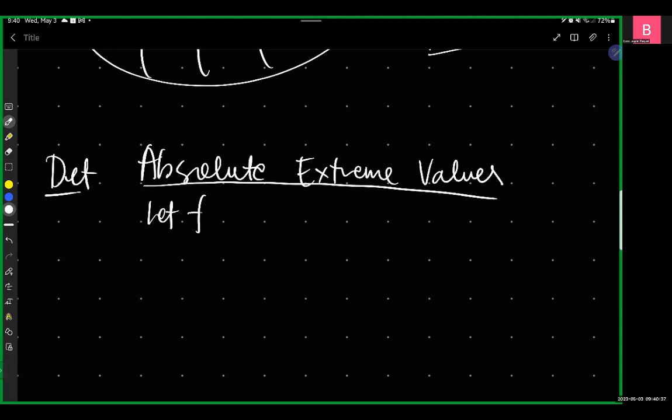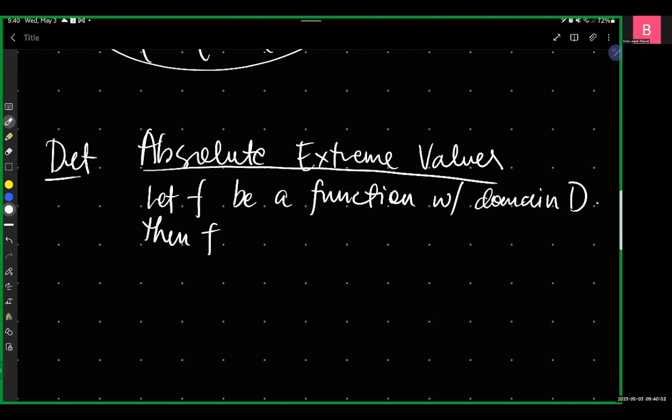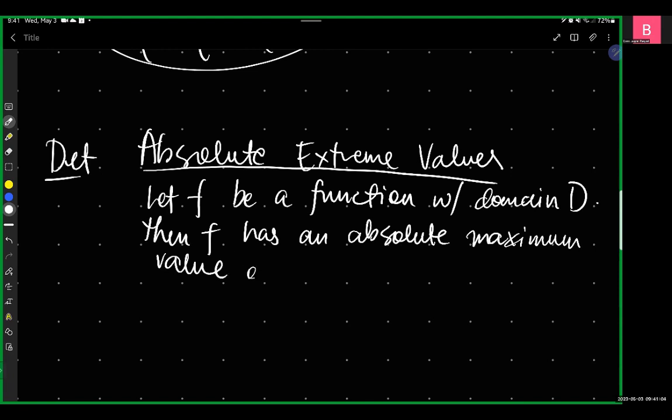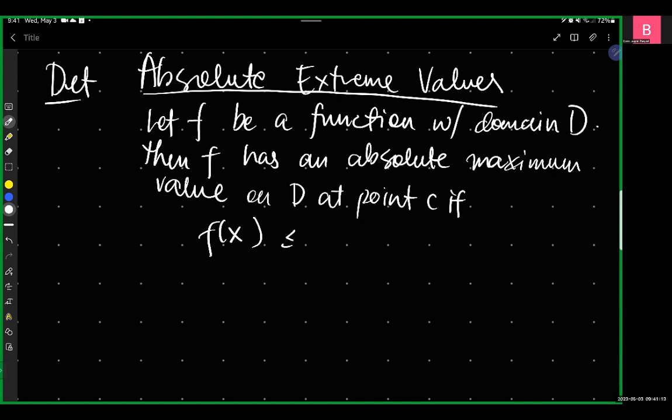Let f be a function with domain D. Then f has an absolute maximum value on D at point c if f of x is less than or equal to f of c for all x in D.